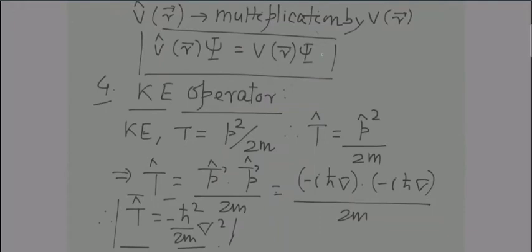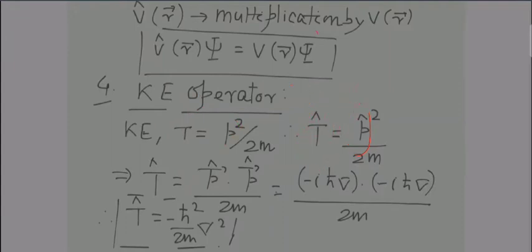Now when T is taken as T hat, it will become like this, and when p is there, it will be taken as p hat. Corresponding to every observable there is an operator.